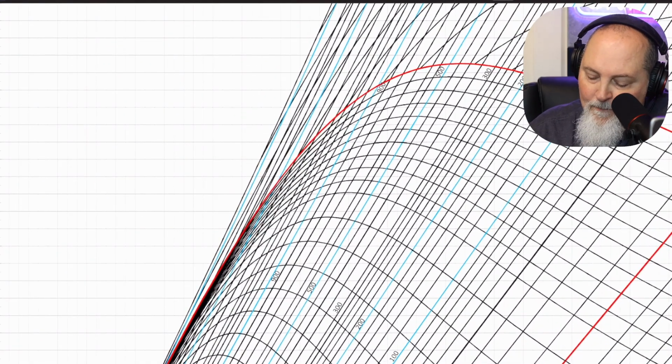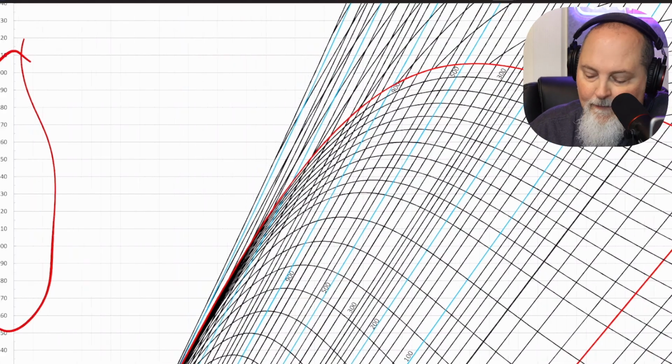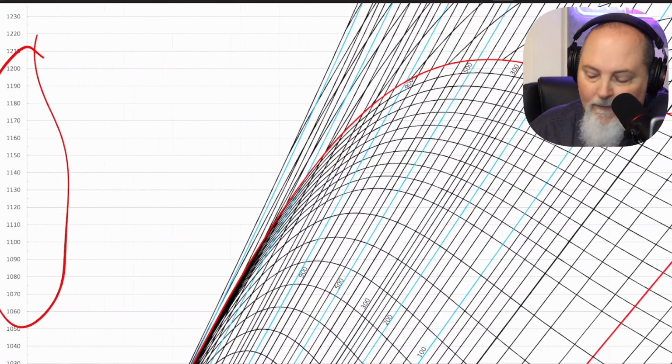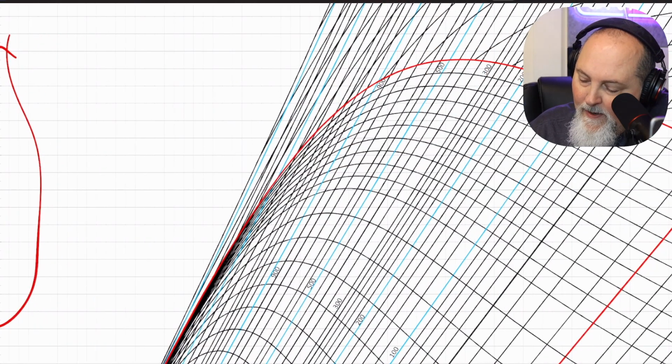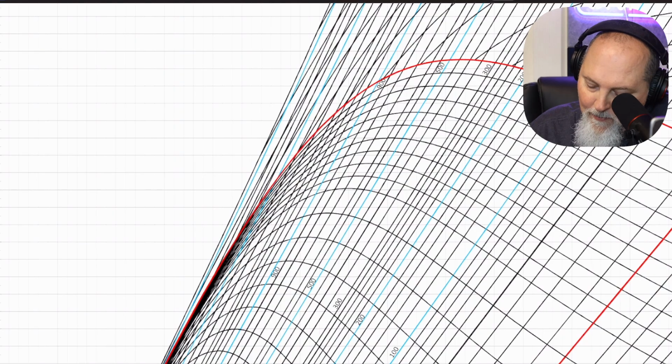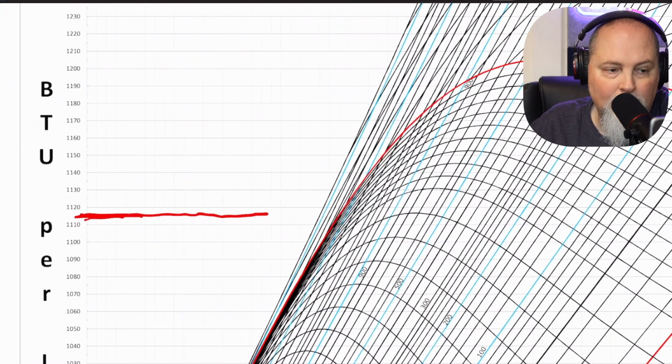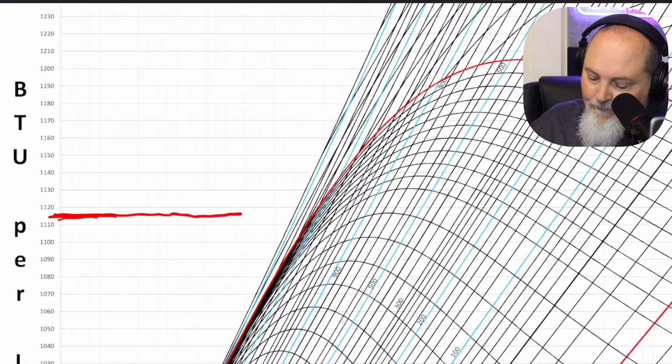Now enthalpy are these numbers over here on the left. So we're going to find the 1115 BTUs per pound mass, and that's right between 1110 and 1120, right there.